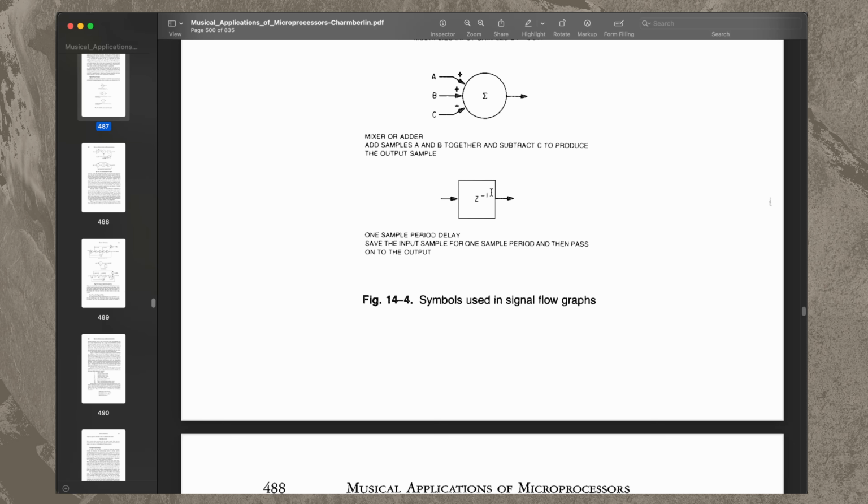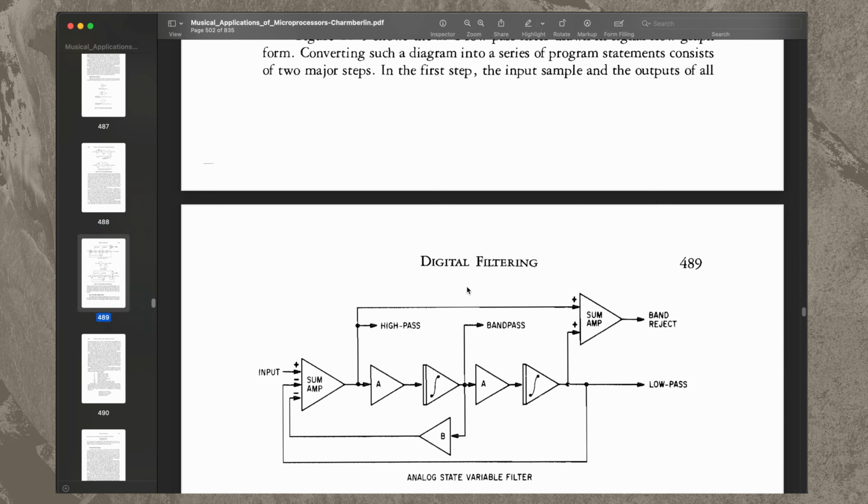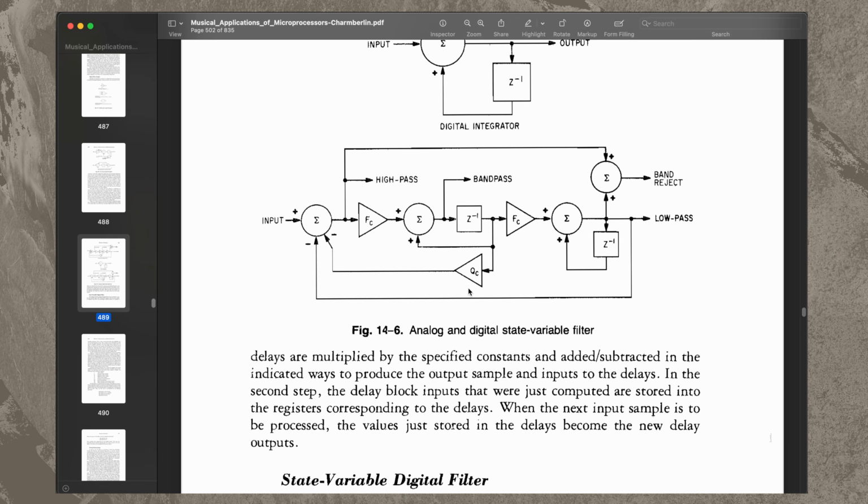And any time that we need to get the output of some process, either the final output of the gen patch or even an input of some object within the patch, and pass it upwards into an earlier part of the patch, then we need to capture the value at that point in the algorithm from the last sample frame. So if we go down to the diagram again, that concept will make more sense.